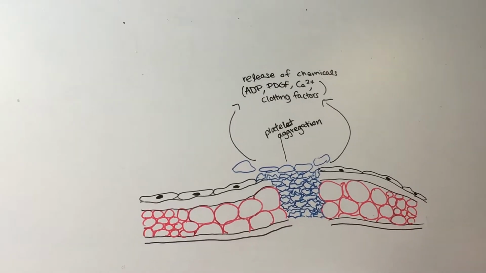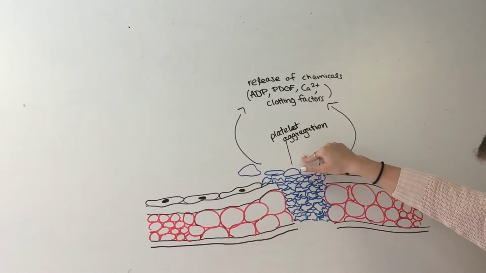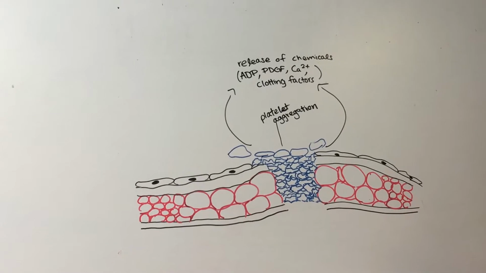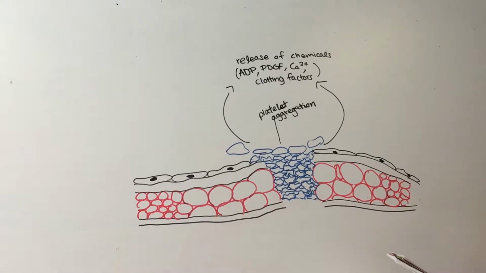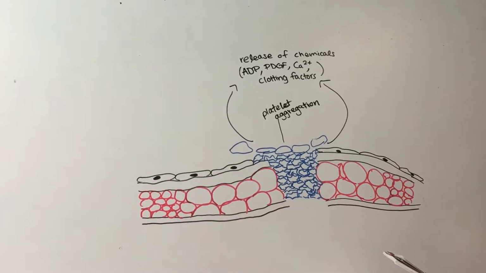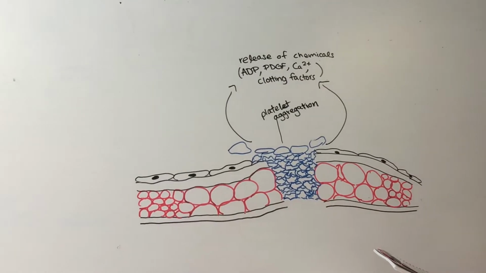This is when more platelets arrive and stick to each other. ADP, thromboxane, and calcium ions from each platelet stimulate further aggregation, creating a positive feedback loop, which creates the platelet plug that is further backed up as clotting occurs.